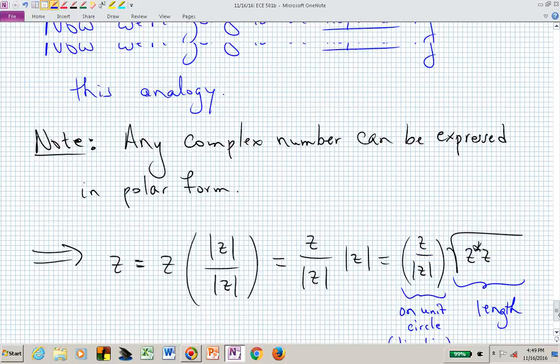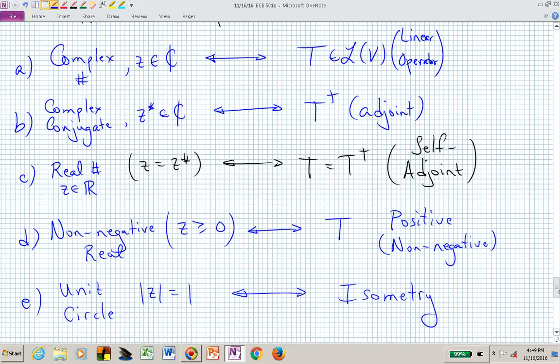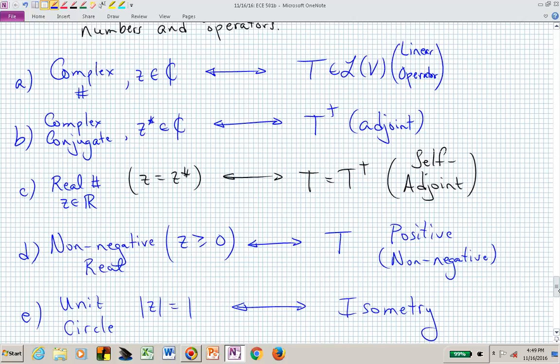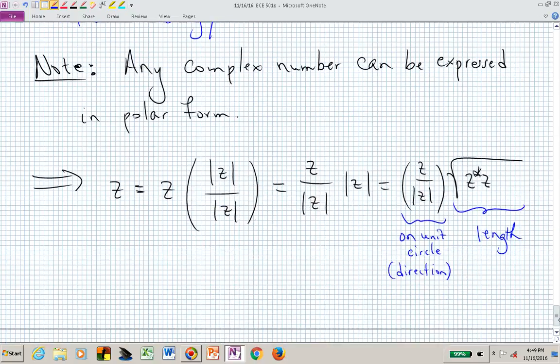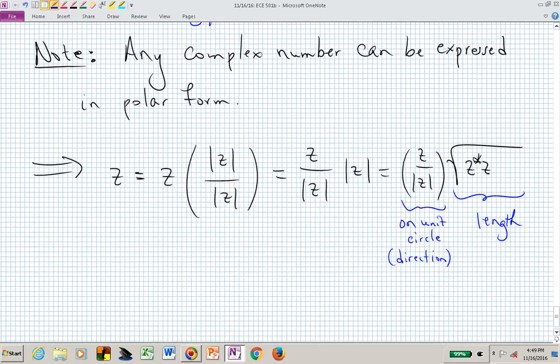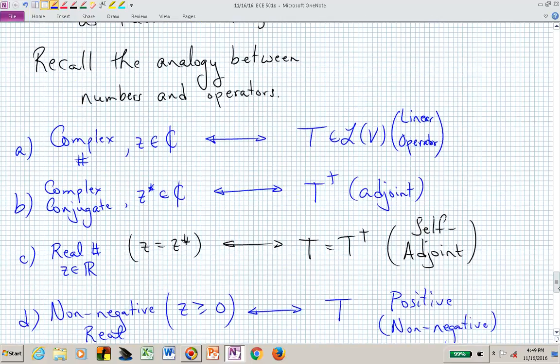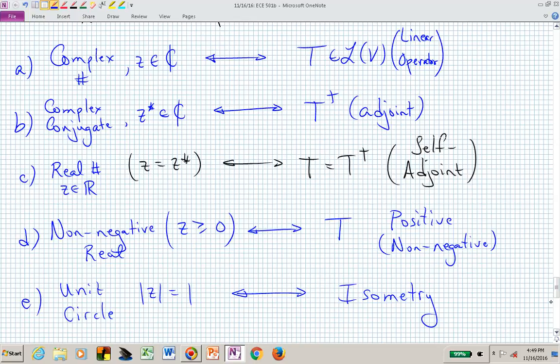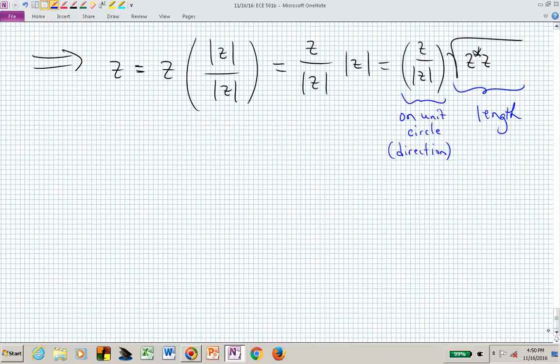Now we simply go back and start using these appropriate lines in this analogy. We have E on the unit circle, which is what the left piece is. So we have an isometry piece. And we have, well, we don't have it quite here, but we have T dagger T square root. And we know what T dagger is. That's Z star. We have Z, which is T, and that's now going to allow us to find the unique positive square root of that operator.